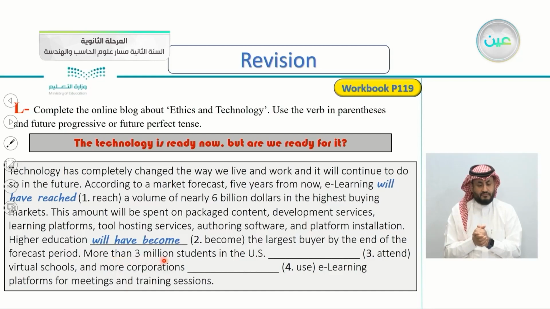More than 3 million students in the US attended virtual schools. So, number 3, more than 3 million students in the US attend virtual schools. So, the verb here in number 3 is attend.